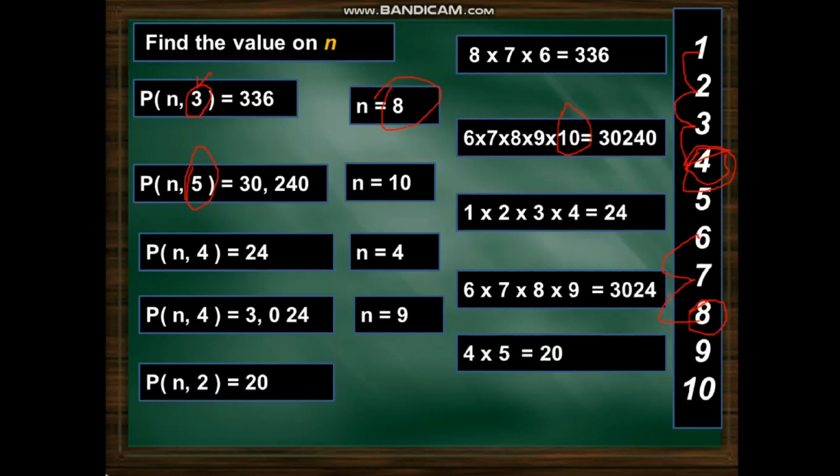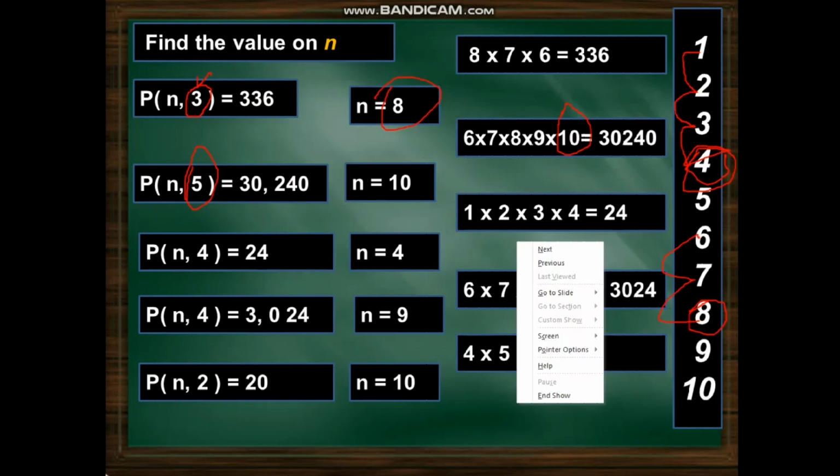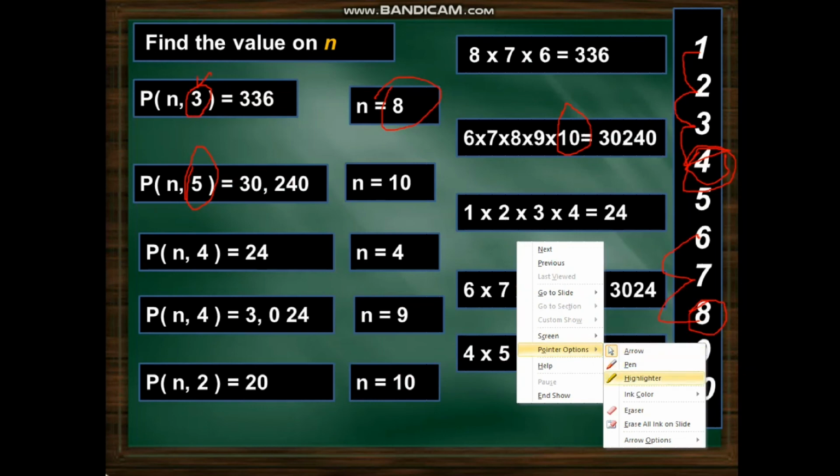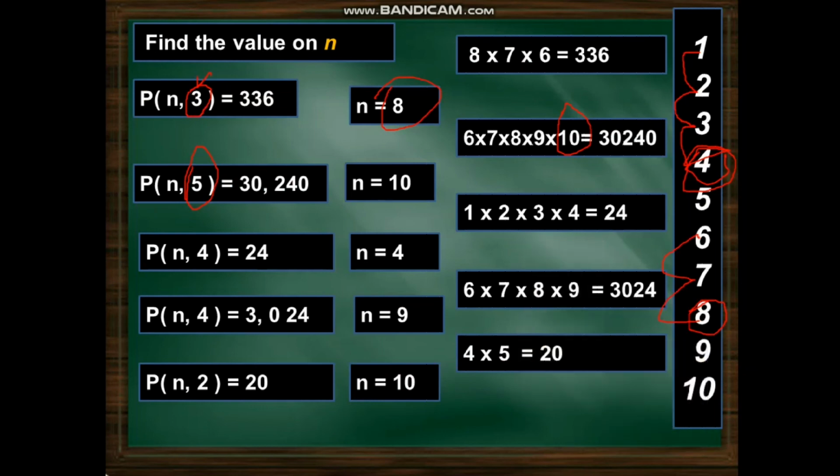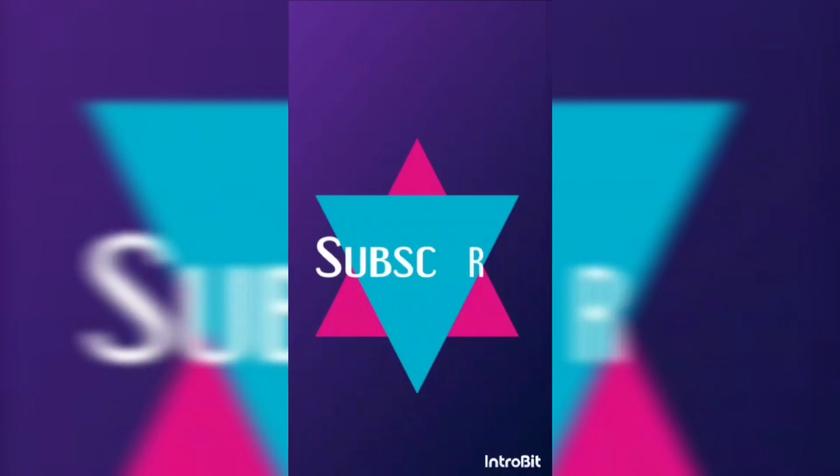Ano po ba yung highest number sa kanilang dalawa? That is equals to 5. And therefore, our n is equals to 5, hindi po 10. That is just a typographical error. So this will become 5. This is 5. Correction. Good luck and have a nice day.